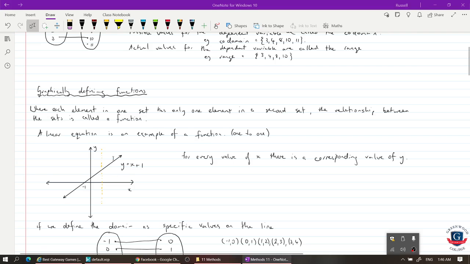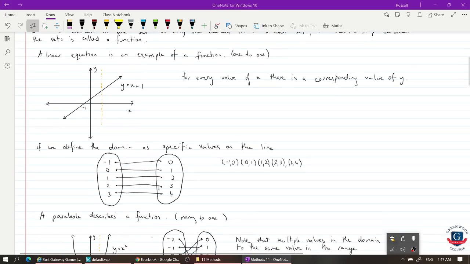Now, there's a thing called a function, and we need to be able to define a function. A function is where for every value of the independent variable, there's only one value of the dependent variable. One example of that is a one-to-one relationship, so that's like a line. For every value of x, there's a corresponding value of y, and only one value, not multiple values.